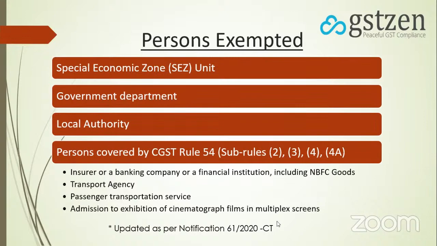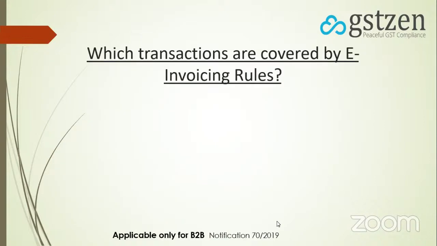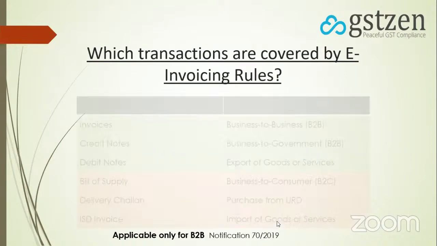This has been updated by Notification 61/2020 Central Tax. So any person besides these institutions whose turnover has exceeded 5 crore for the PAN has to generate e-invoices. So which transactions are covered in the e-invoicing rule?